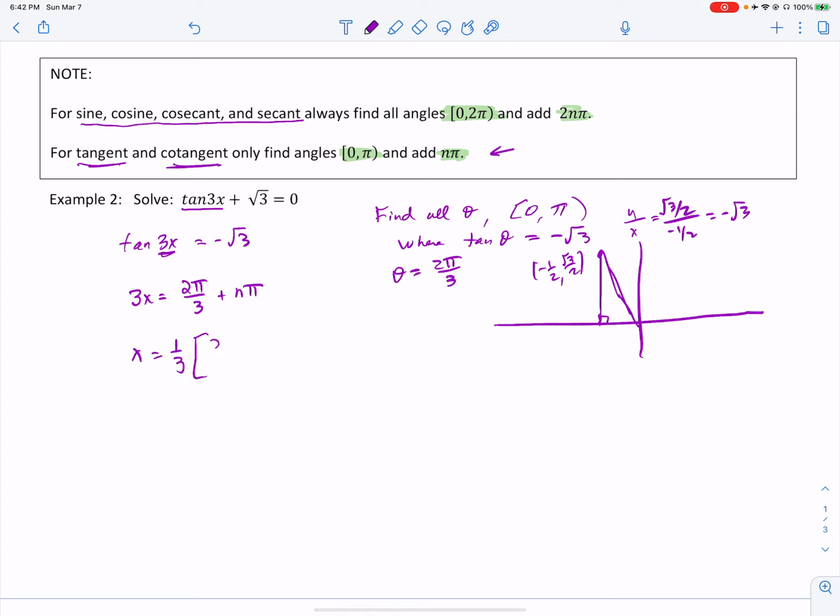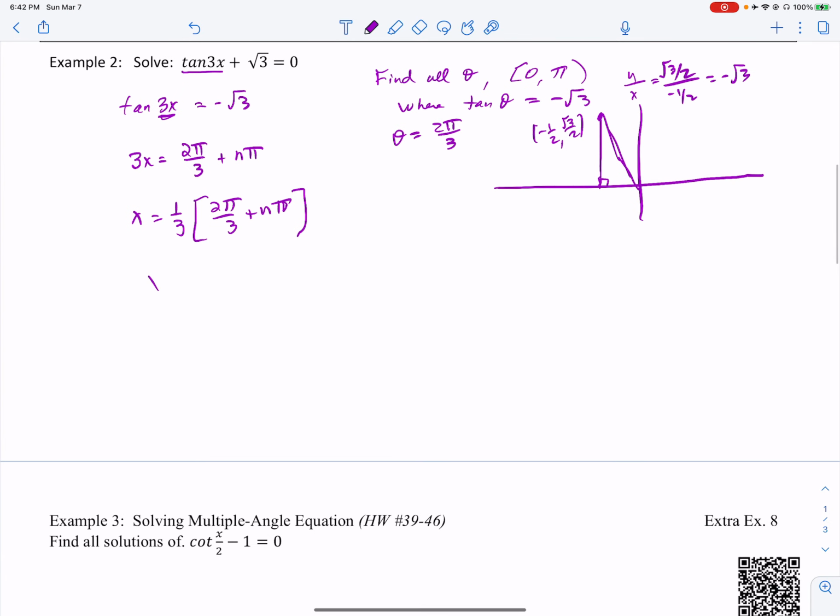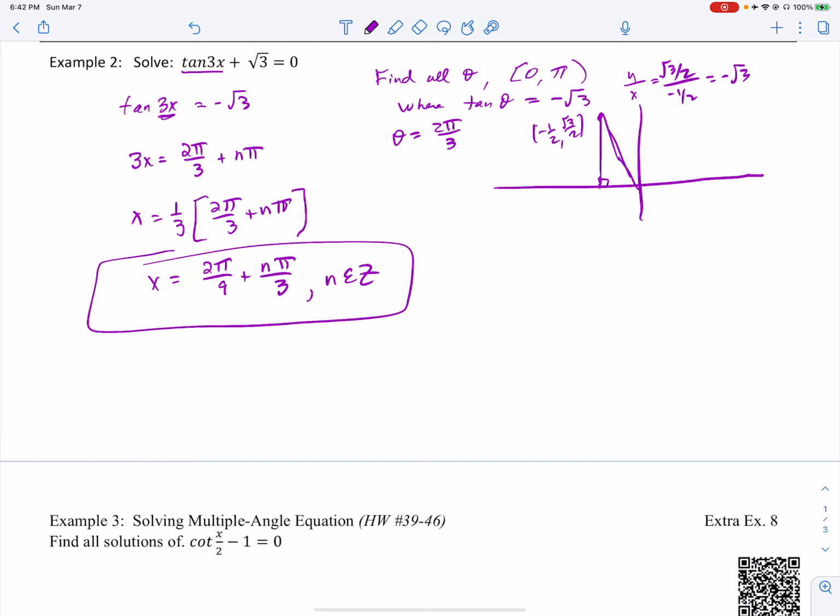On the right, make sure that you distribute that 1/3, and you get 2 pi ninths plus n pi thirds, where n is an element of the integers. And that's your answer.